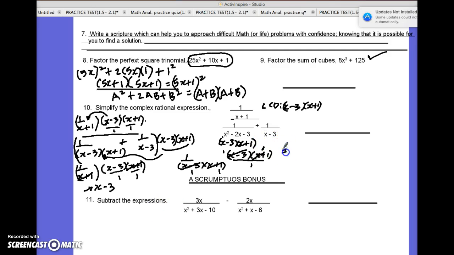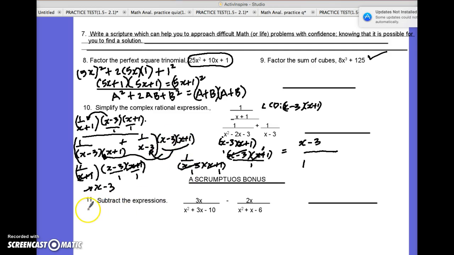What do we have? In the denominator, we have a 1 here, and in the numerator we have an x minus 3. Let me just write it so I don't forget, x minus 3. And we have one more thing to do. We have to multiply this x minus 3 times x plus 1 times this fraction here.